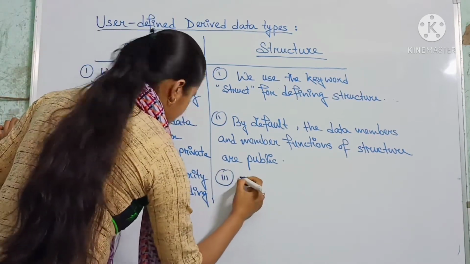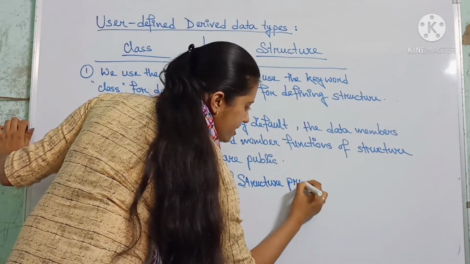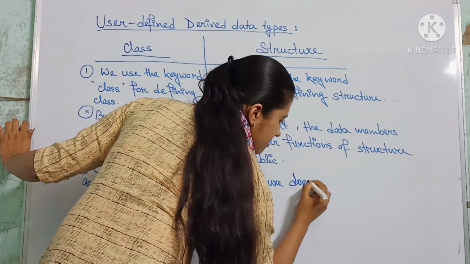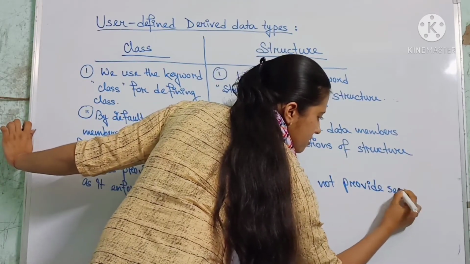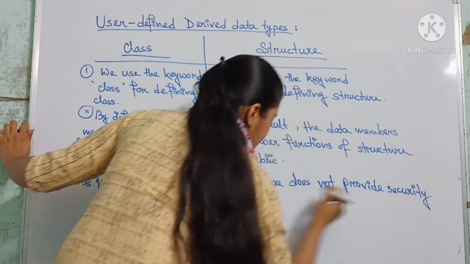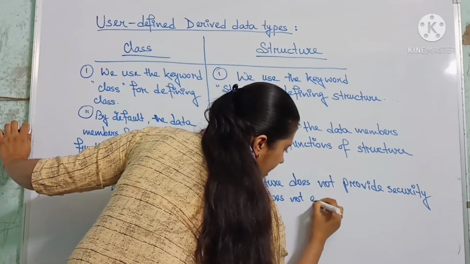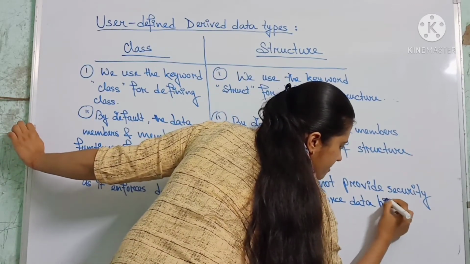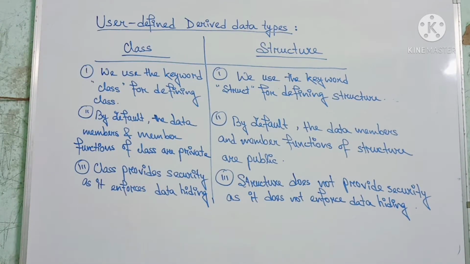And a structure does not provide security as it does not enforce data hiding. So is it clear to you? You can note down these differences. This is very, very important.